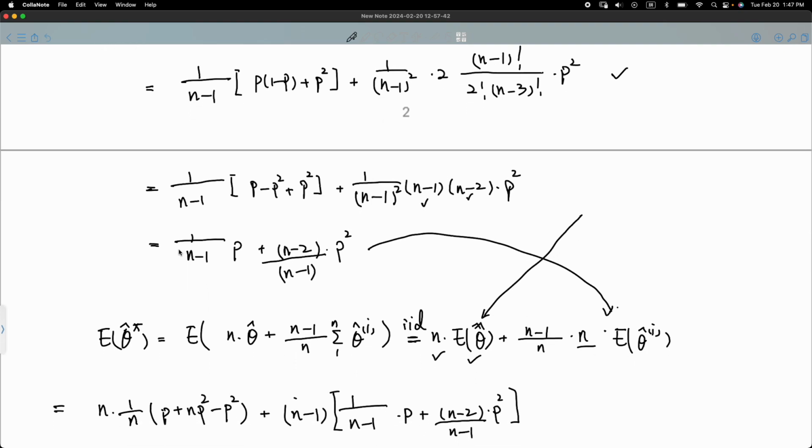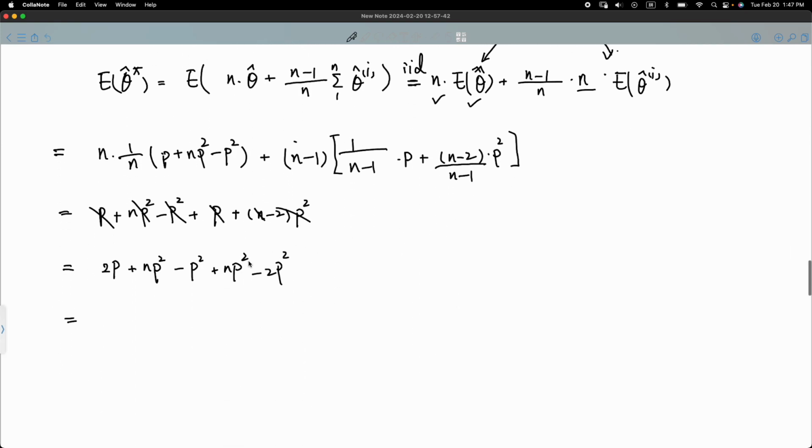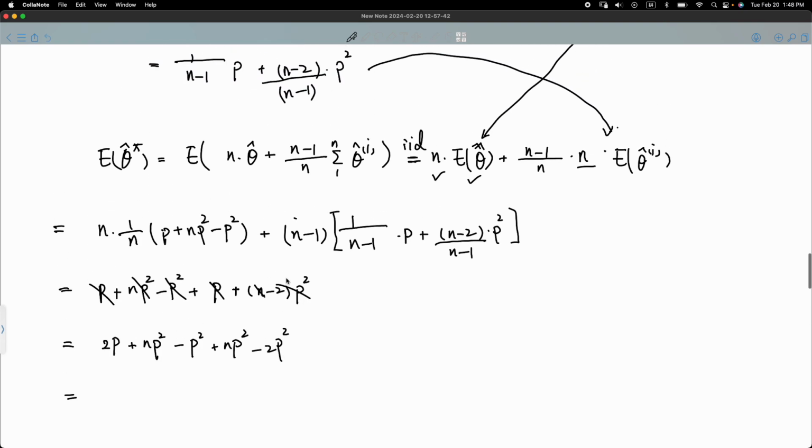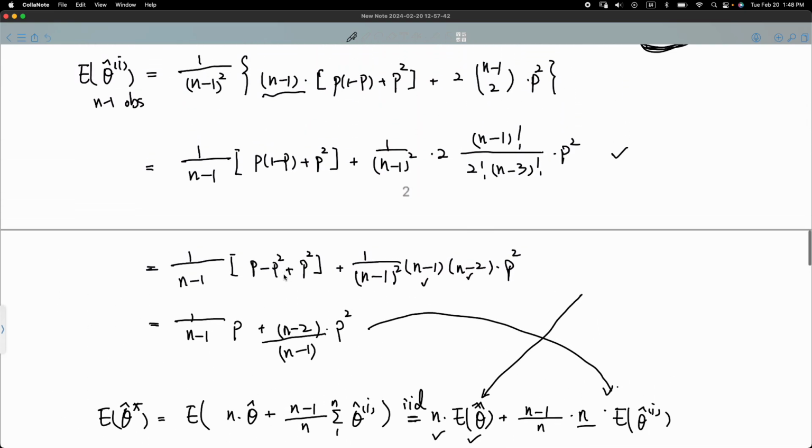I feel like I messed up something again. P times 1 minus p plus p squared.